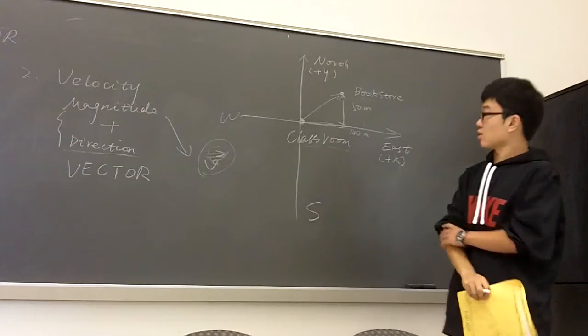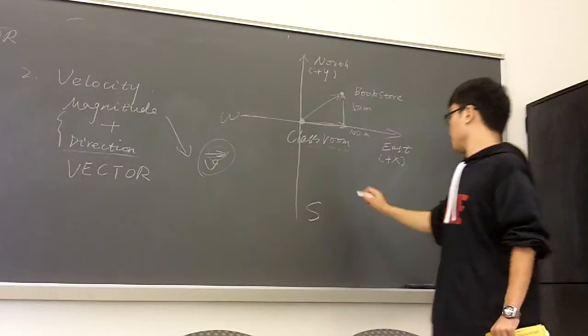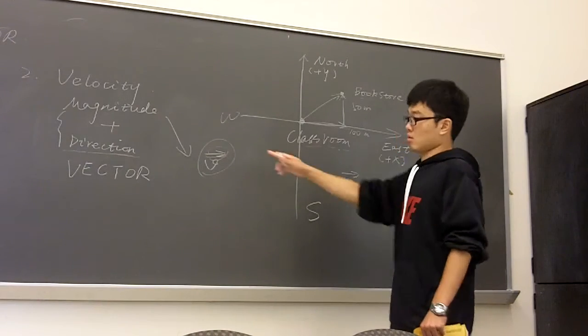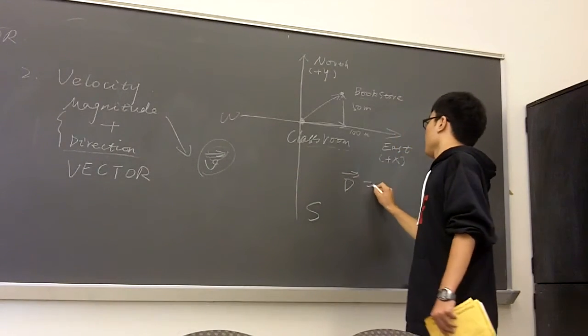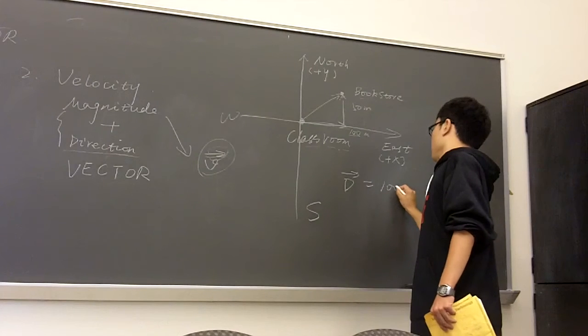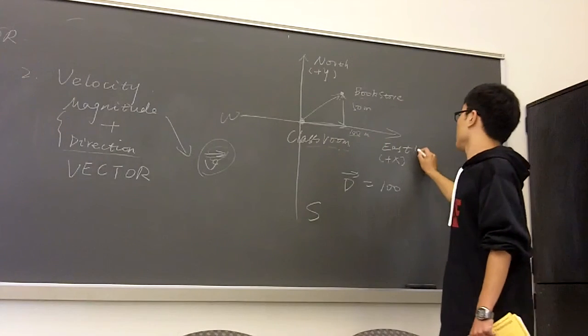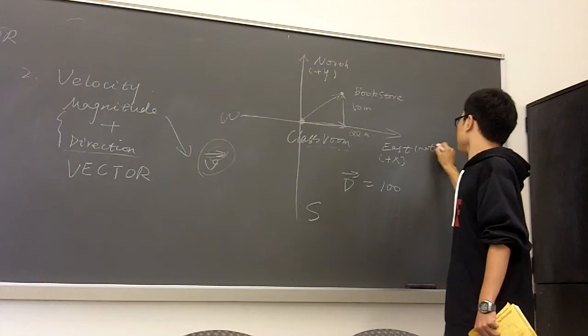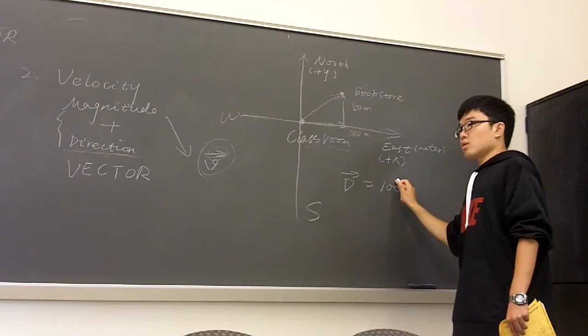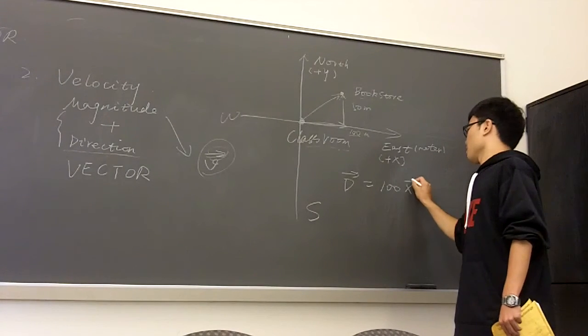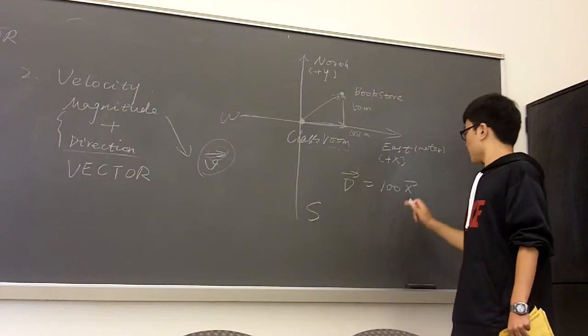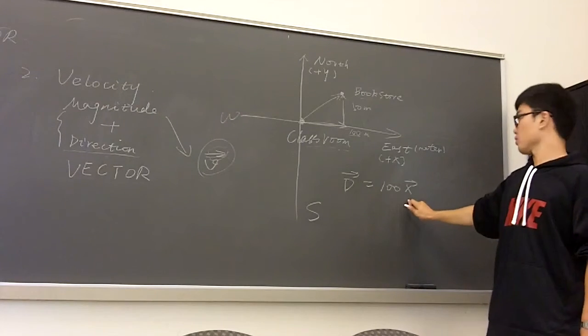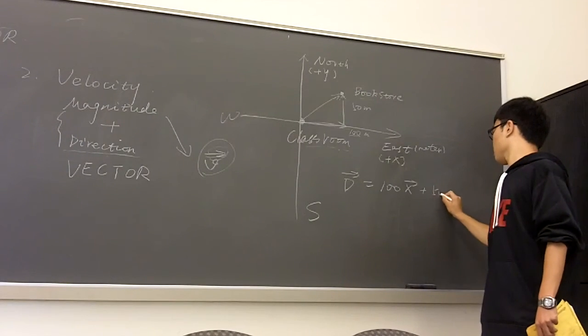When we want to express it, we will write it like this. Displacement, don't forget the arrow. 100, the unit is meter, times x. This is also a vector, plus.